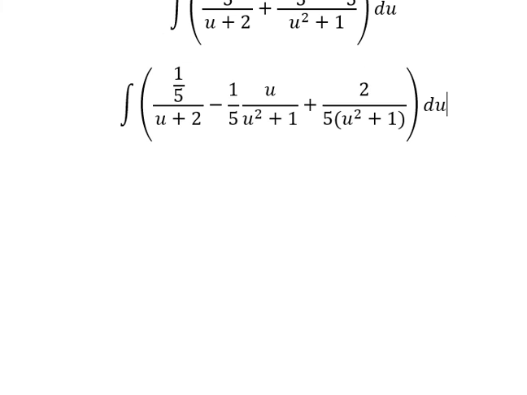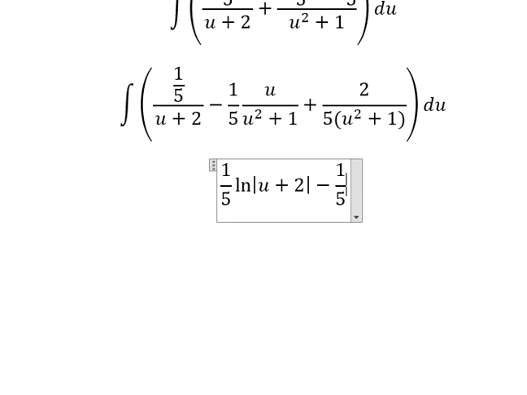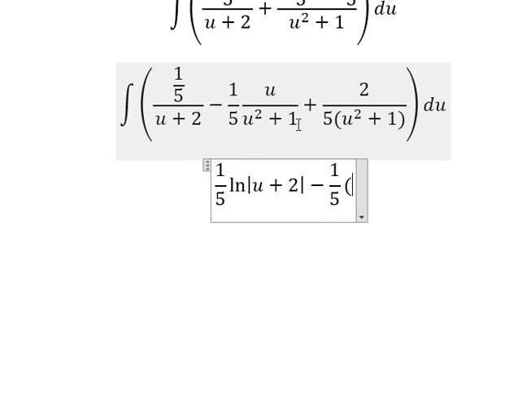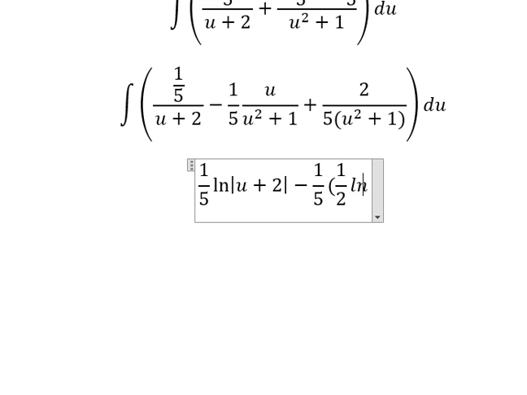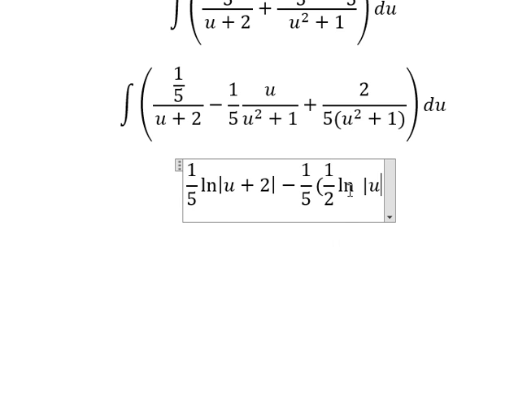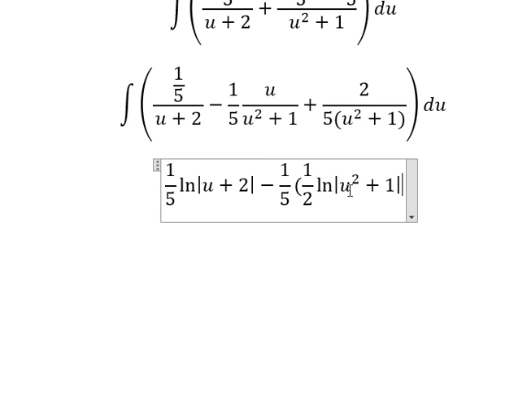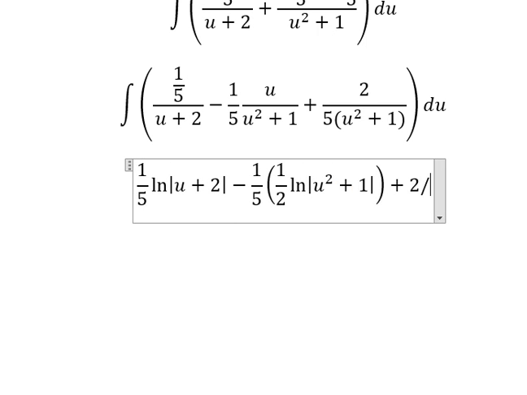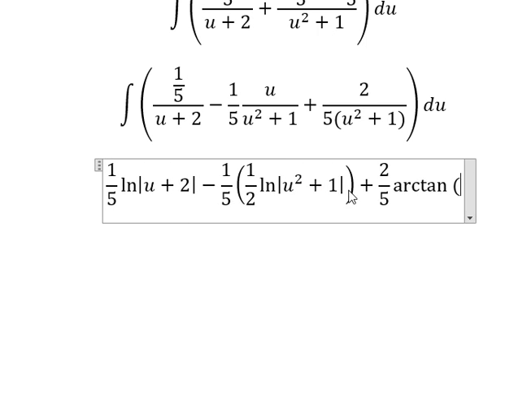And now we have the final answer. The integration of this one, you get 1 over 5 ln of the absolute value of u plus 2, minus 1 over 5 times the integration of this one, we have 1 over 2 ln of the absolute value of u squared plus 1. And the last one, that's arctan of u.